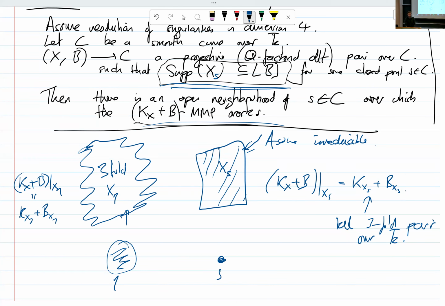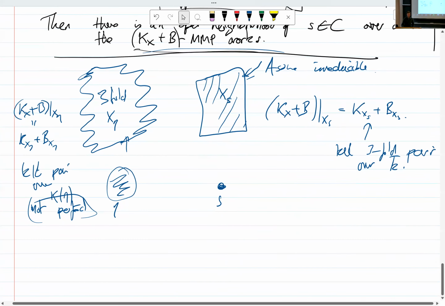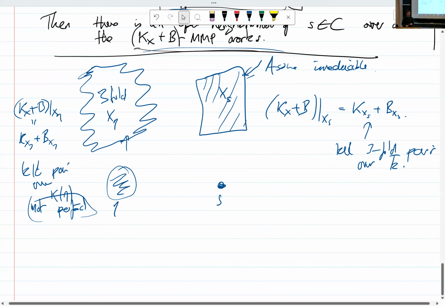Okay, and now we have a KLT pair over, well, k eta, which is not algebraically closed or not perfect, just a function field. Okay, so this is what X looks like.